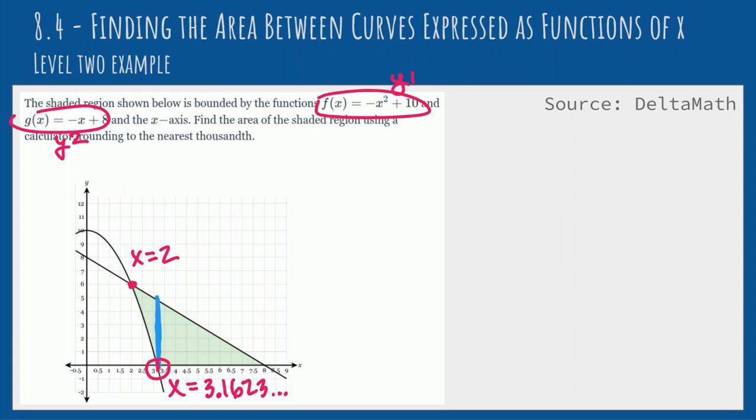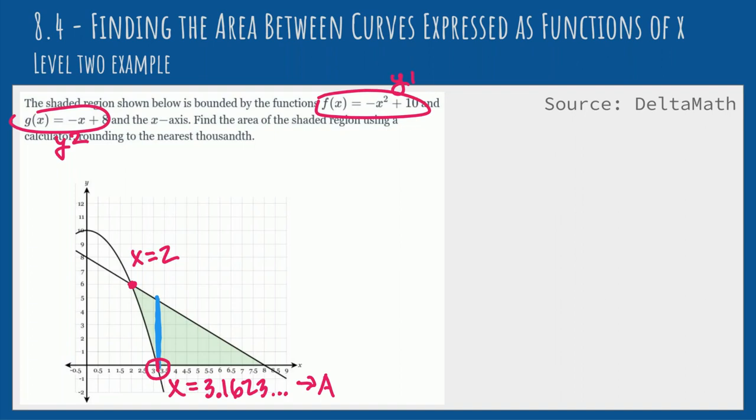And since I'm going to be using that to get an answer later, this is an intermediate answer. So I'm going to take that and store it in my calculator for the variable a. So we want to find that intersection, go to our home screen, store it for the variable a, and then I'm going to use that as part of my integral expression later on.